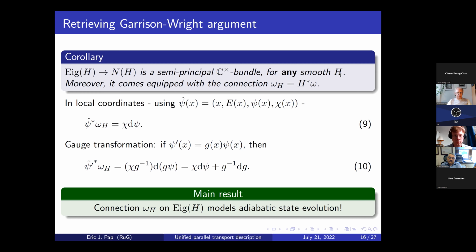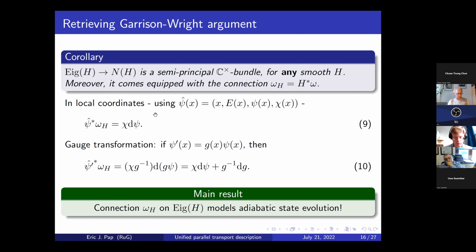And also we get the connection on this space, omega H, which is simply the pullback of the abstract connection I just showed you. So now you could say omega H is what Garrison and Wright found, but here I always like to be a bit more precise, because omega H is not a gauge potential. If we want to get that, we have to work in local coordinates.